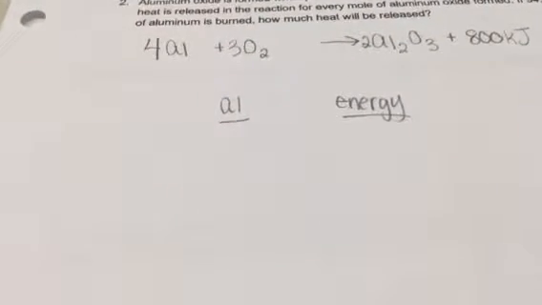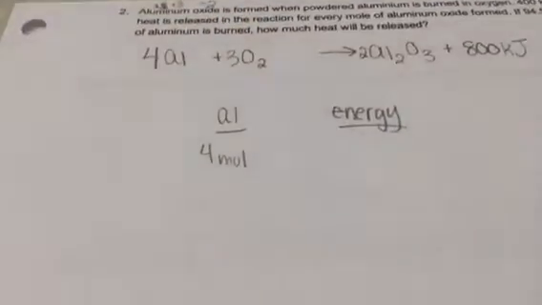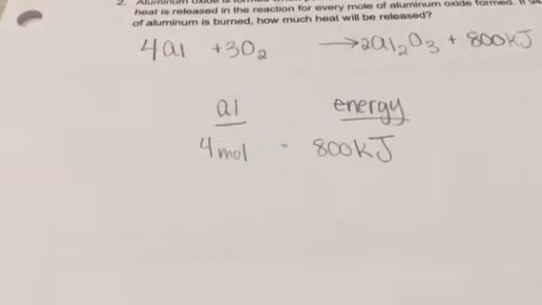For aluminum, I'm going to start with 4 moles. And 4 moles is equal to 800 kilojoules. I want to know if I start with 94.5 grams of aluminum, how much heat am I going to have total?